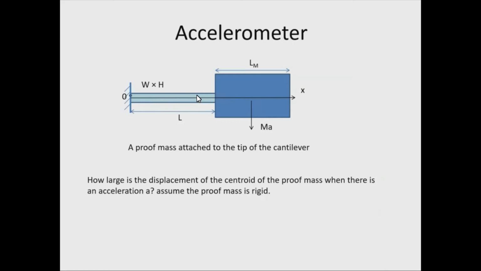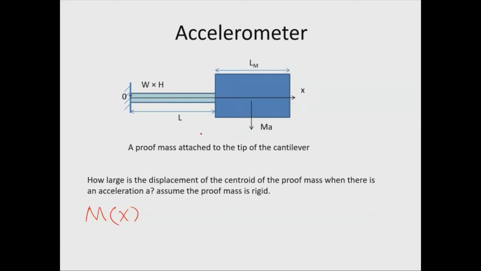As we just discussed, we need to find the internal bending moment M(x). If we know M(x), then we can calculate the deflection of the cantilever. So the question is now how to find this internal bending moment M(x).